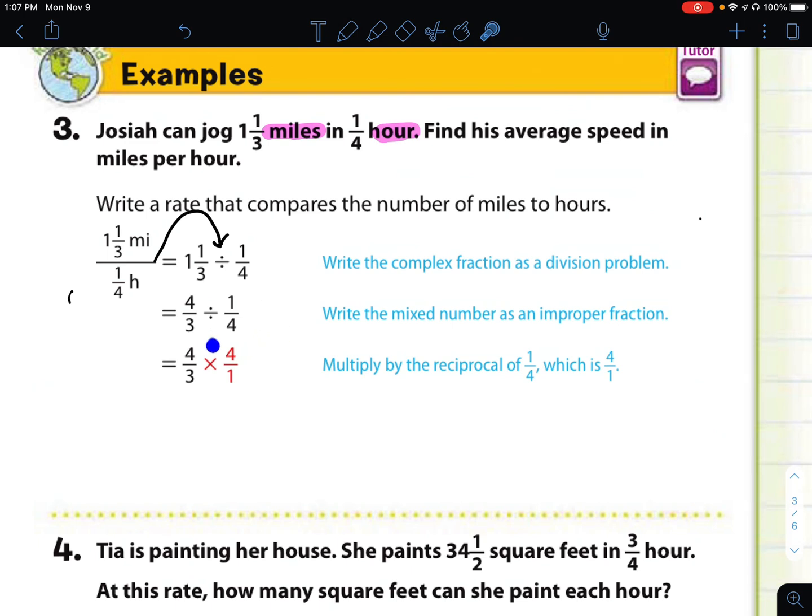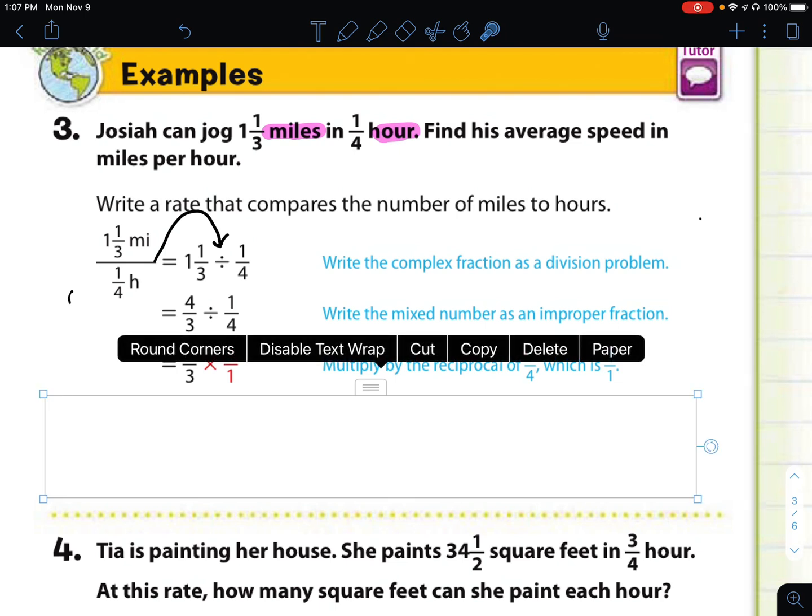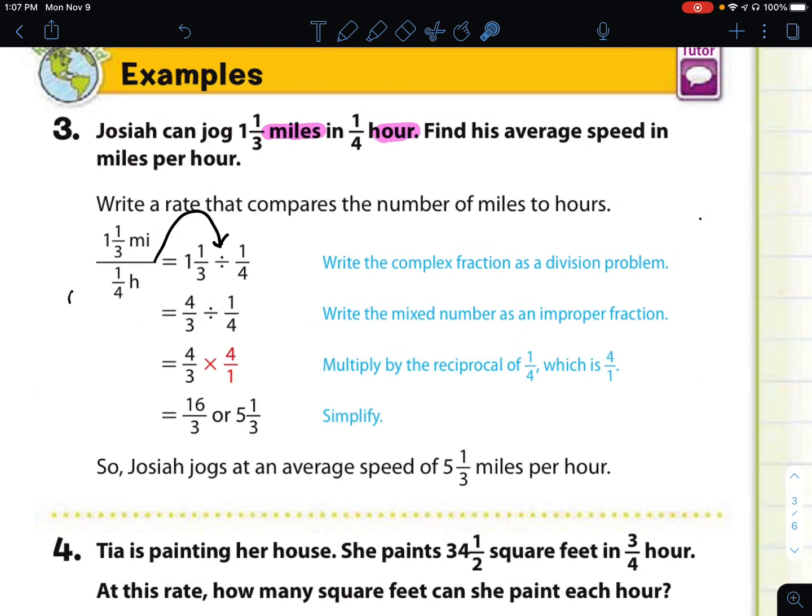We change division into multiplication, and then we multiply 4/3 times 4/1. By doing that, we get 16/3, because we multiply 4 times 4, which is 16, and 3 times 1, which is 3, giving us 16/3. Convert that into a mixed number, which is 5 1/3.